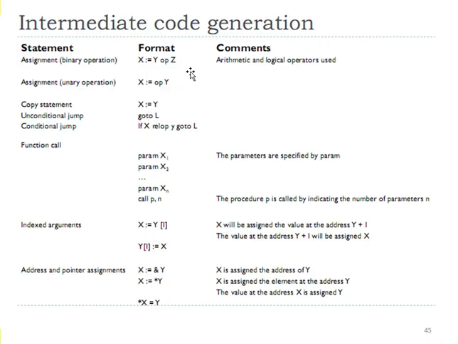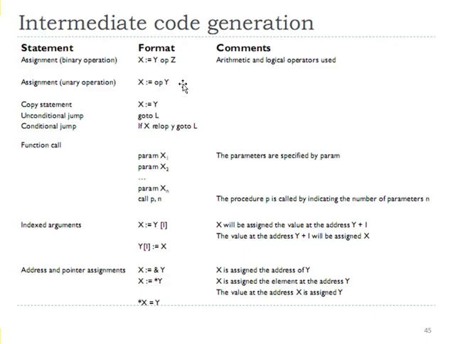So T1 equal B times C: the operator is times, Y is B, Z is C, and X is T1. Since those individual sub-expressions are not violating the three address code, we can consider them as an intermediate code of the given expression.